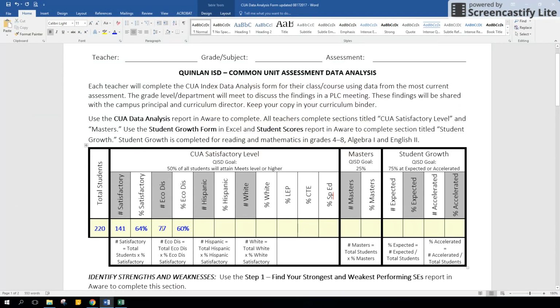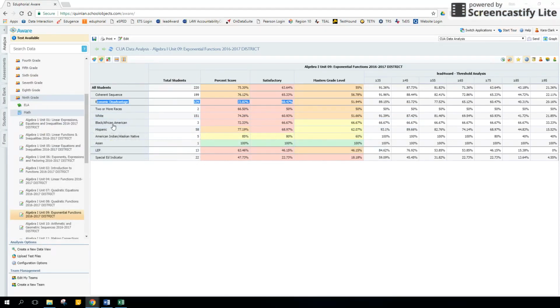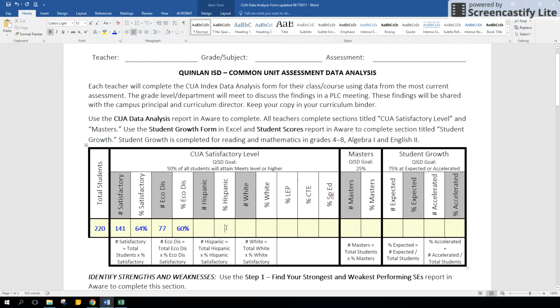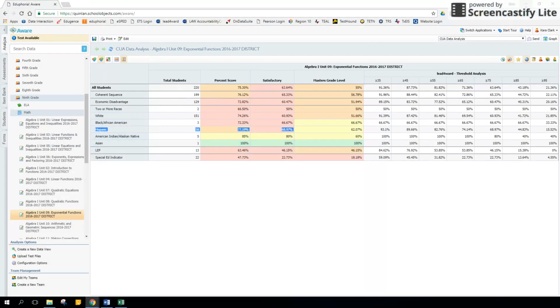Following the same process for our ethnicities, looking at Hispanic first, the percentage, finding Hispanic, 68.97. We're going to round that up to 69%. And we're going to calculate the number of students that represents, which is 58 times 0.69, which gives us 40 students.